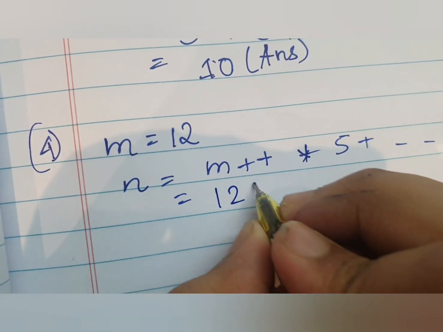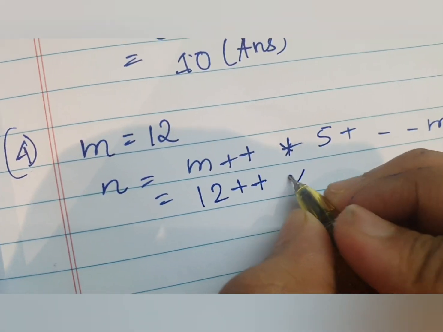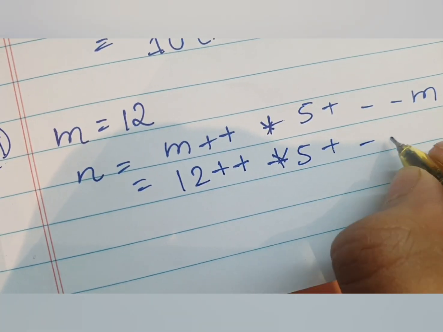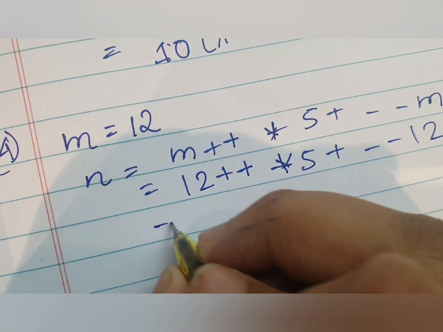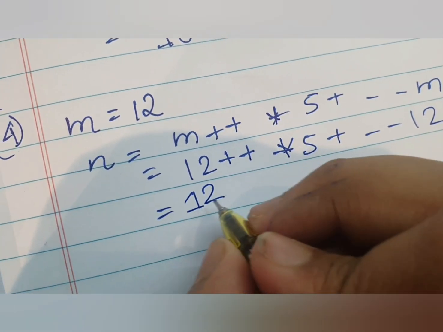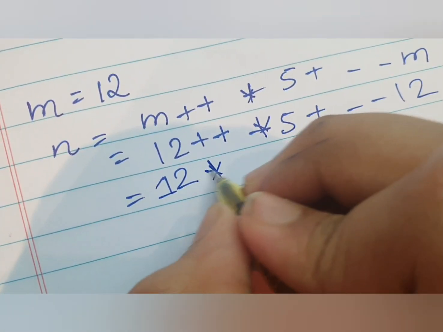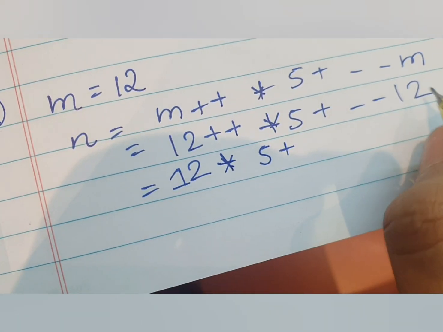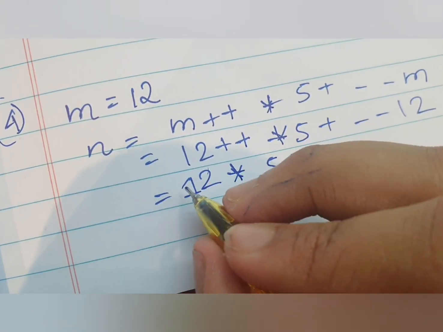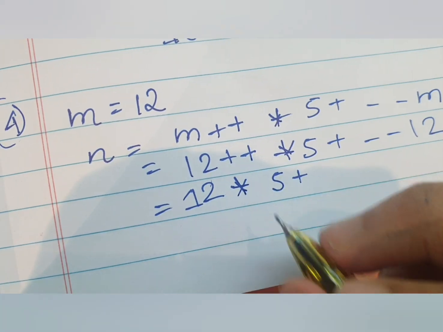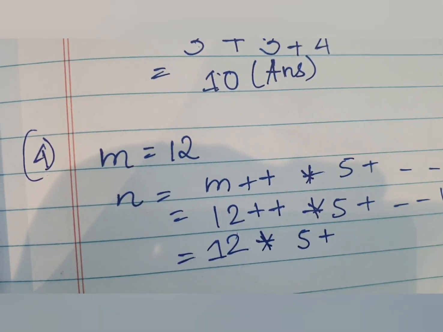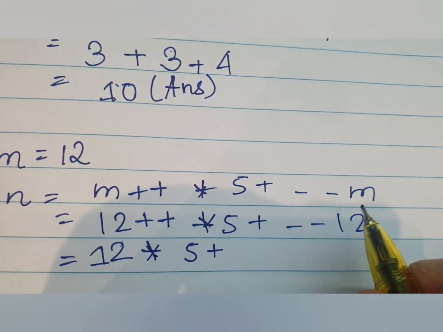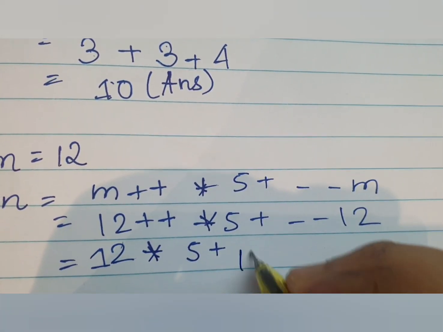So m plus, that is 12 plus into 5 plus minus 12. So 12 plus we will write 12, but it will become 13. So 12 into 5 plus minus 12, not minus 12 but minus 13, because here it became 13. We wrote 12 because it was postfix, but it actually became 13. So this will be minus 13, but minus 13 will be 12 only.